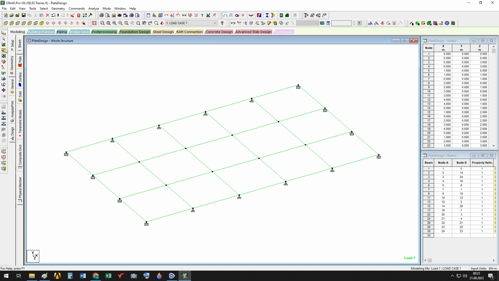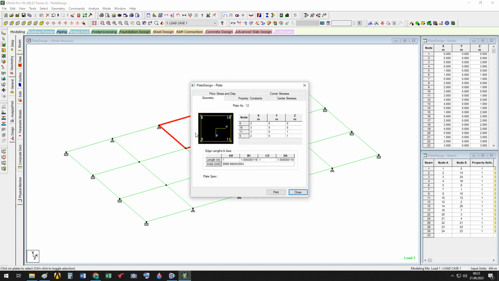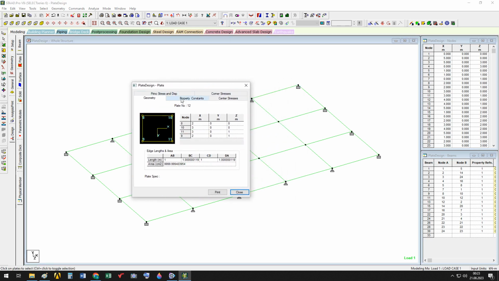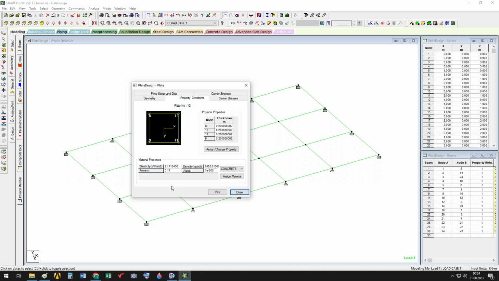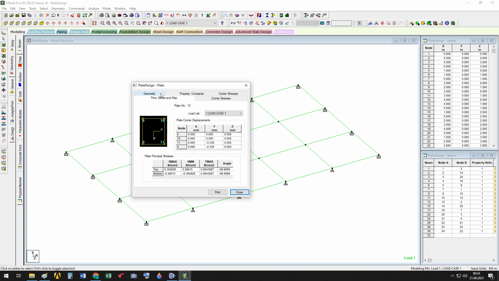Now my plate elements are here. When I click on them, unlike beams and columns or frame members, we can see its geometry, information about it, property constants, some stress values about it.